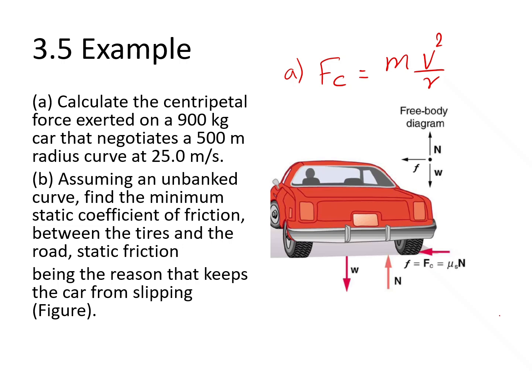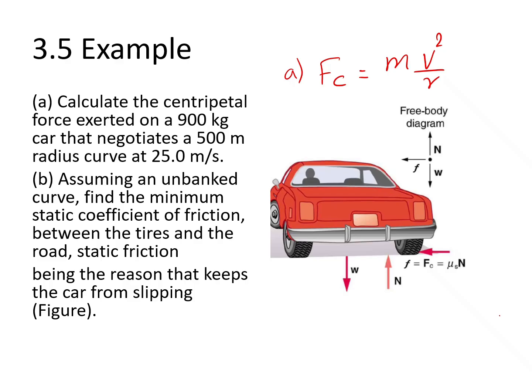This is a very important physical point. On a flat, unbanked curve, the force that keeps the car moving in a circle is static friction. The car tends to continue straight, but friction between the tires and the road provides the inward net force needed to turn the car.